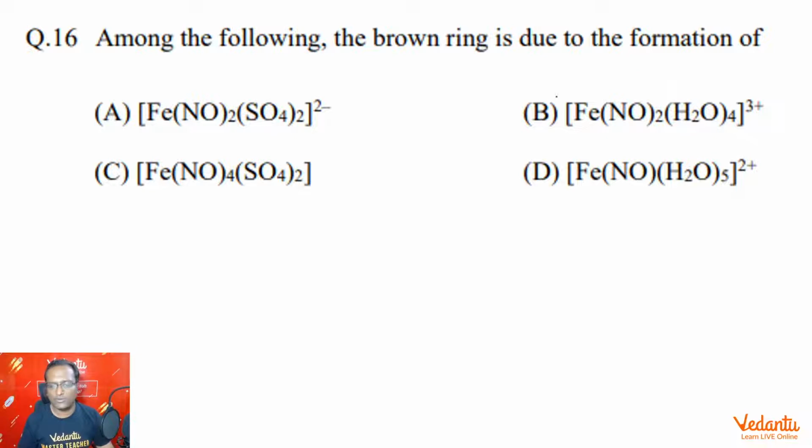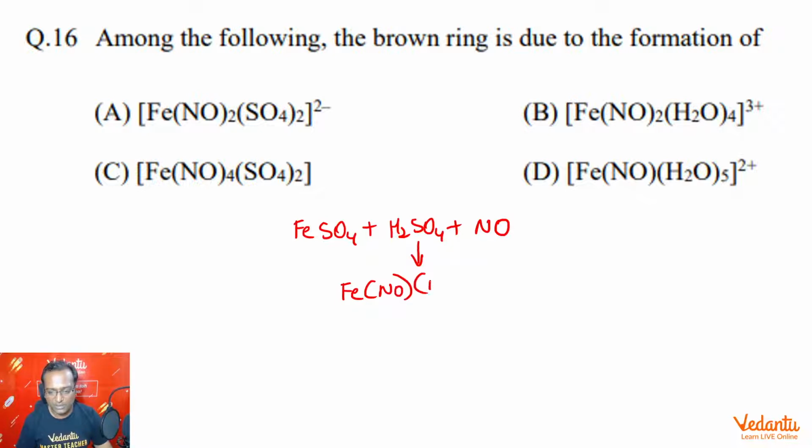The brown ring is formed due to, we know that brown ring complex is obtained when we have freshly prepared ferrous sulfate reacting with H2SO4 and NO, right? To form a complex in which the product formula comes out to be this. Now, what is this?